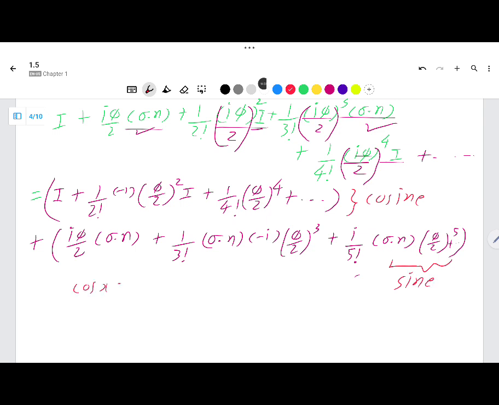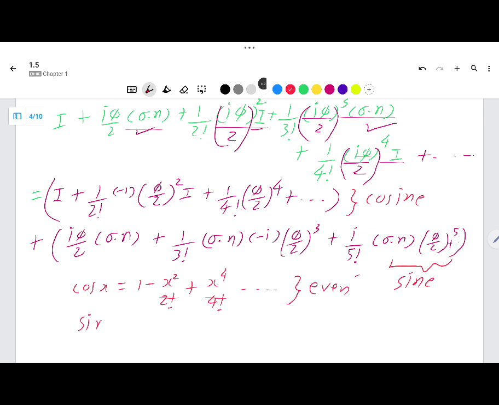cos x, you know how we write the series? Cos x is 1 minus x squared by 2 factorial plus x to the 4 by 4 factorial and so on, all the even powers.